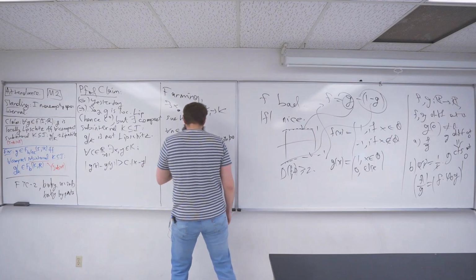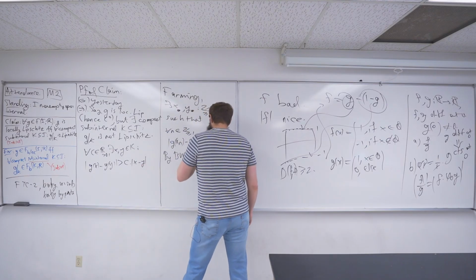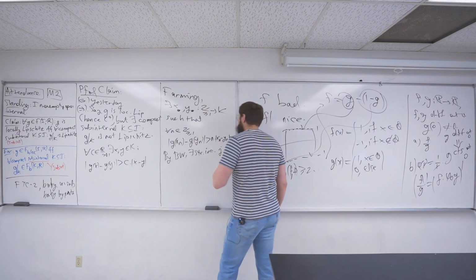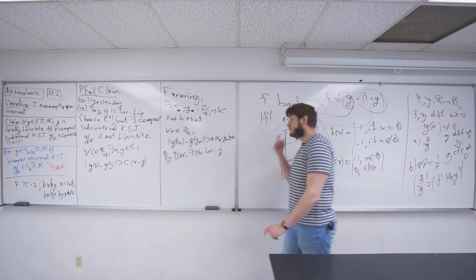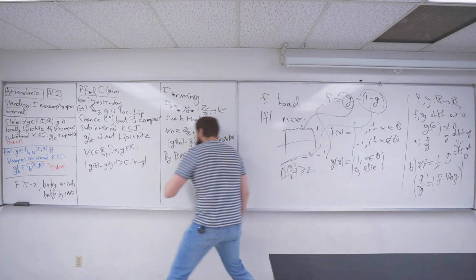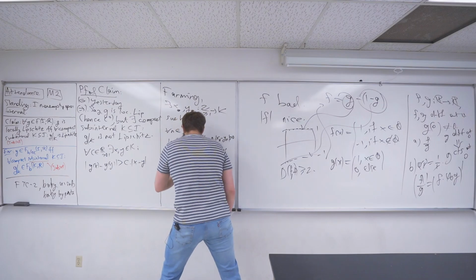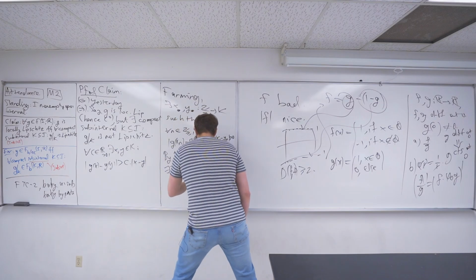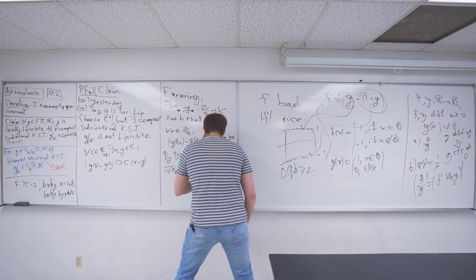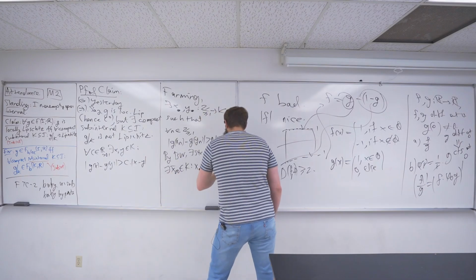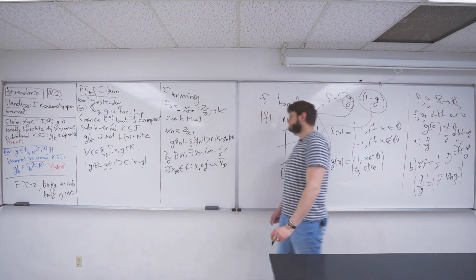By Bolzano-Weierstrass, there is a strictly increasing function j from positive integers to itself, and some point x bar infinity in K, such that x bullet composed with j converges to x bar infinity.